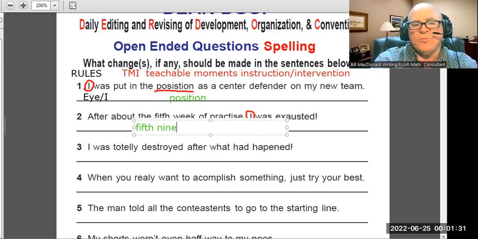And a lot of people don't realize that when you change the number to the place, you can't just add a TH, you drop the E and write 9th. And I kindly told the people in charge, hey, I write and teach writing for a living and reading. And I just wanted to let you guys know that 9th is spelled wrong. And as you could probably guess, they were not too happy with me.